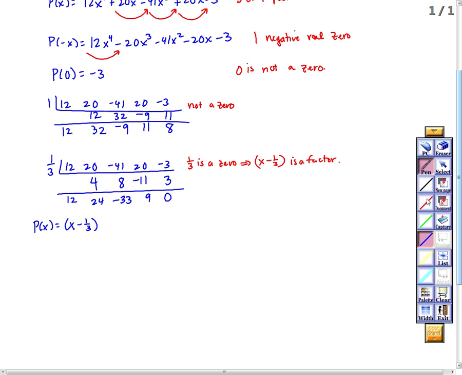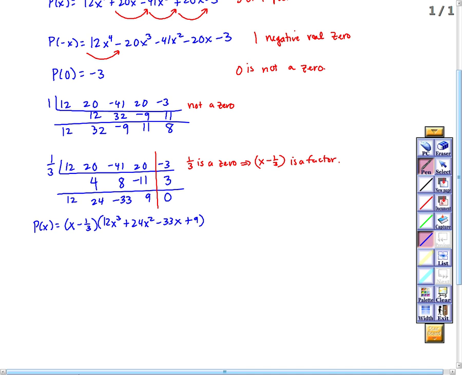Remember, we're always keeping an eye on this last column, which always gives me my remainder. So I'm going to use these coefficients. My original function had the power x to the 4th as a leading power, so now I'm going to drop it by 1. I have 12x cubed, using these numbers right here as my coefficients, starting with x cubed, plus 24x squared minus 33x plus 9, like that.